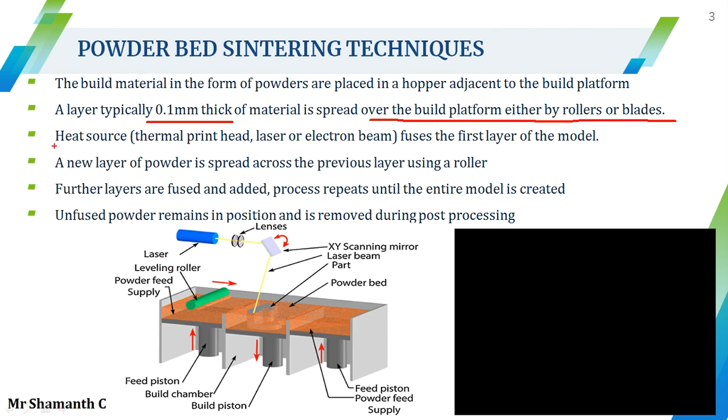Then you have a heat source. The heat source can be a thermal printhead, a laser or an electron beam which fuses the first layer of the material. So you can see here the laser being directed onto the build platform. Once you have generated a 3D CAD model and transferred it to the additive manufacturing machine, it understands the coordinates where the laser should be directed on the build platform so that the part can be built.